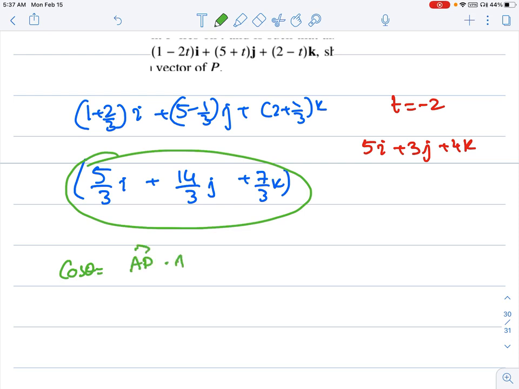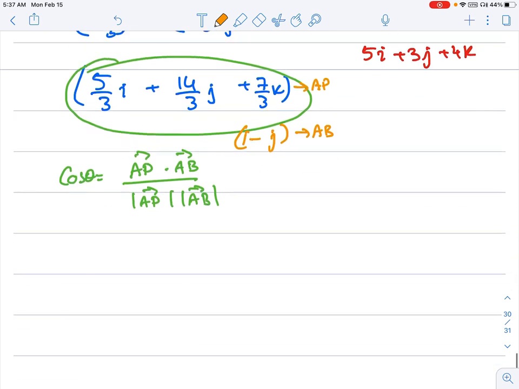AP dot AB by modulus of AP times modulus of AB, right? So I take the angle with i minus j. This was AB. This is AP. 5 by 3 times 1 is 5 by 3 minus 14 upon 3 divided by modulus of AP and modulus of AB, whatever may be the answer.